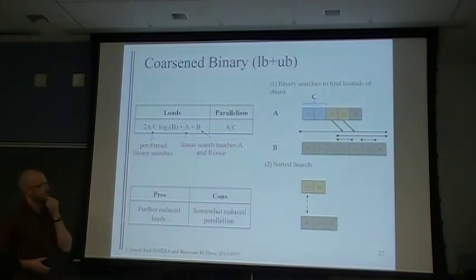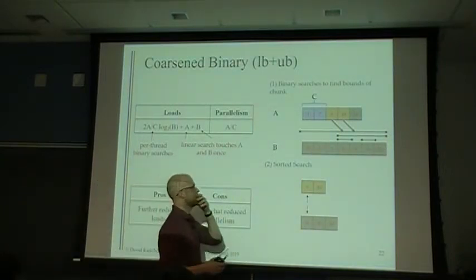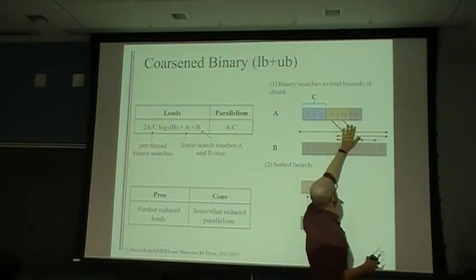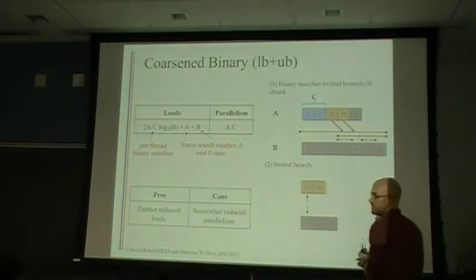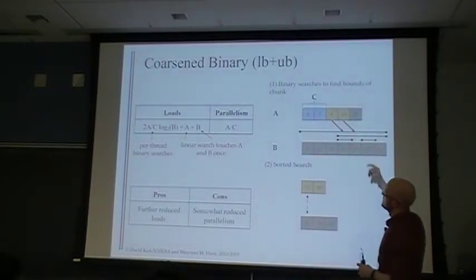Actually, that's not clear to me at all. It's not clear if the upper bound would help. Well, it depends, because if the biggest entry of your chunk is bigger than B, then you'll search all the way to the end of B. Right. Yeah. If it's lower than B, you will. But in that case, what is the binary search about? It will tell you these things. Oh, because as soon as you get to the end of A, you know you're done.